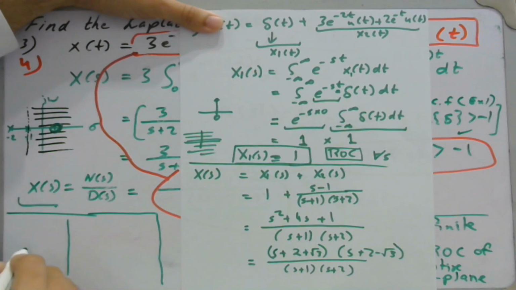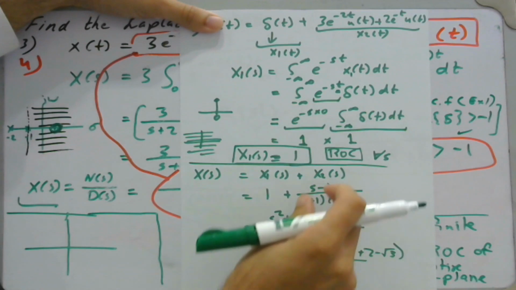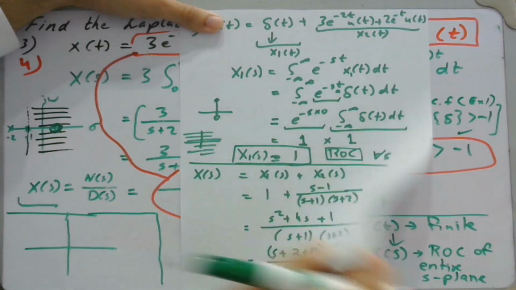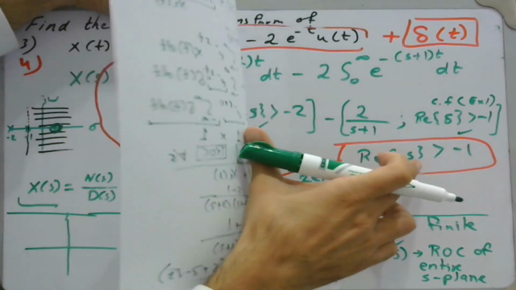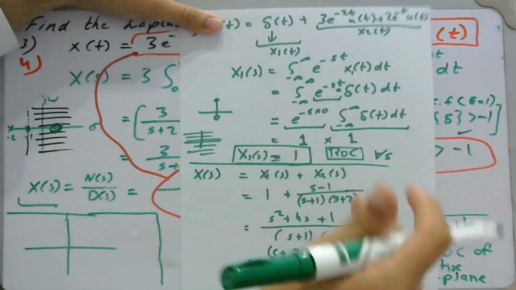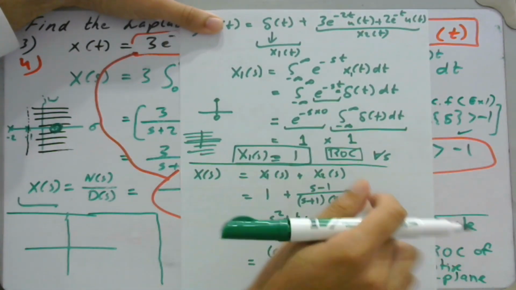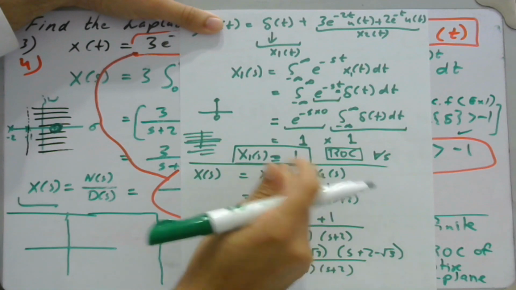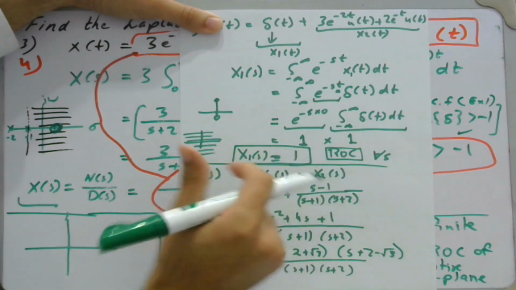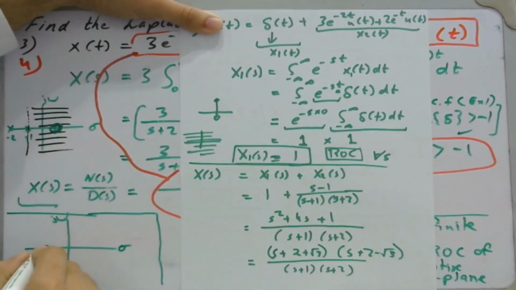For x2 of s, we have already identified that the region of convergence should be greater than -1. So for this, it should be greater than -1, and x1 of s is saying that s could be anywhere. So we have a pole at -1 and then another pole at -2.